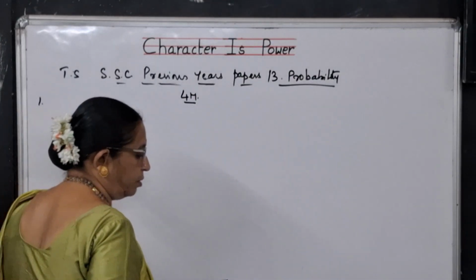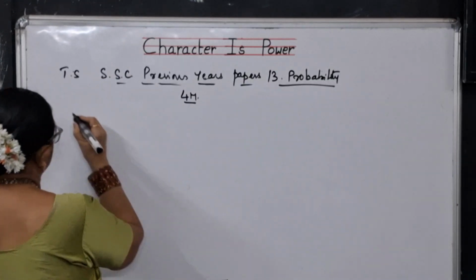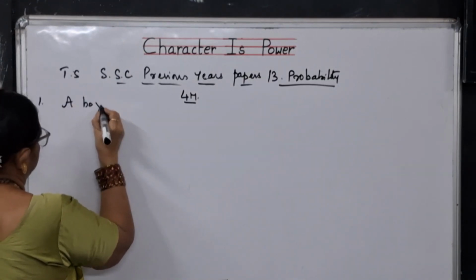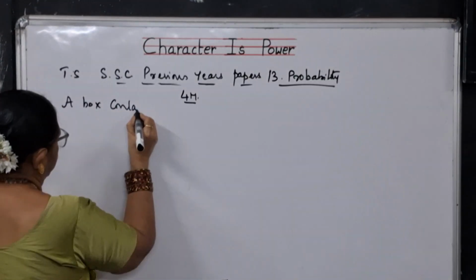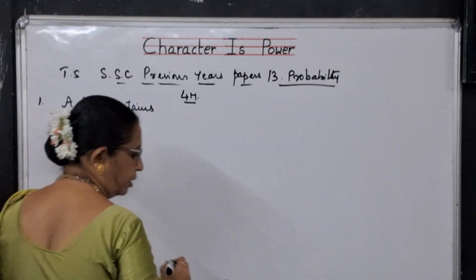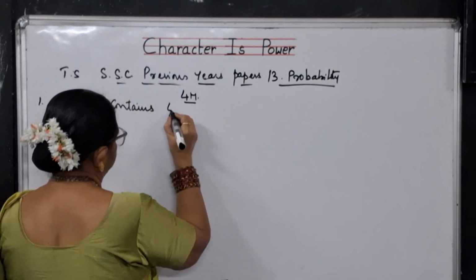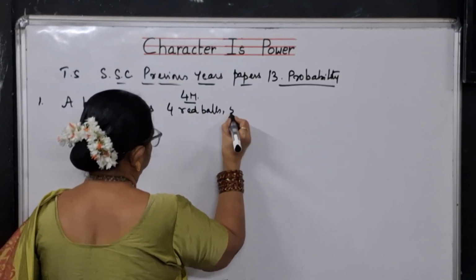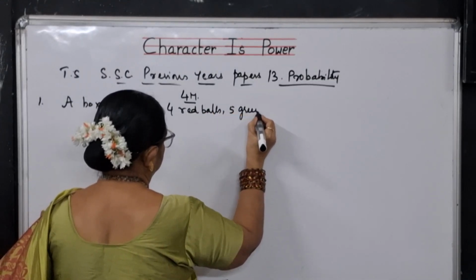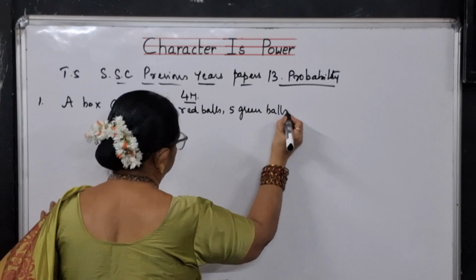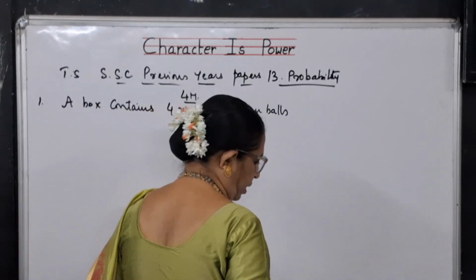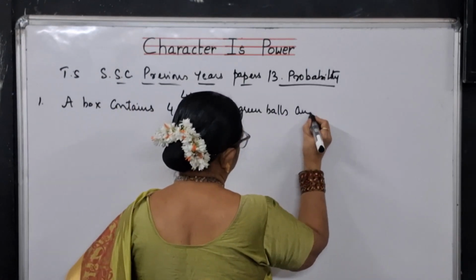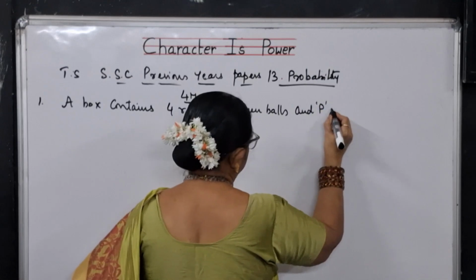So the first one: a box contains four red balls, 5 green balls and p white balls.